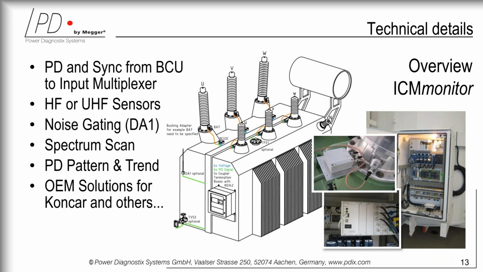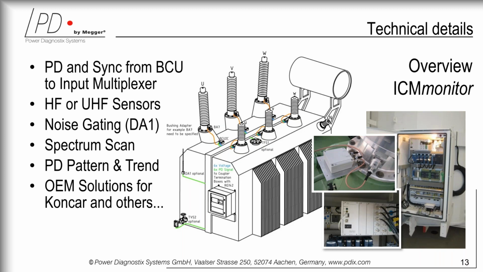Now, from this little box that you see right by the bushing in the central picture, information is drawn through an RG58 cable into a cabinet, and within this cabinet there is an ICM monitor that reads the information in the right frequency and for picocoulomb transfer from the bushing tap, but can equally do it from the oil valve UHF antenna, or from acoustic sensors placed on the wall of the transformer.